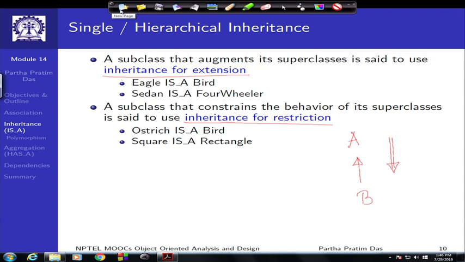As an example, if we have a superclass bird and I say eagle is a bird, then certainly eagle has some properties which generically are not there in the bird class. For example, eagle can stay put without flapping its wings on top of a stream of hot air, which generically birds cannot do. So, we are adding that property to the bird class when we come to the eagle. So, this is an extension.